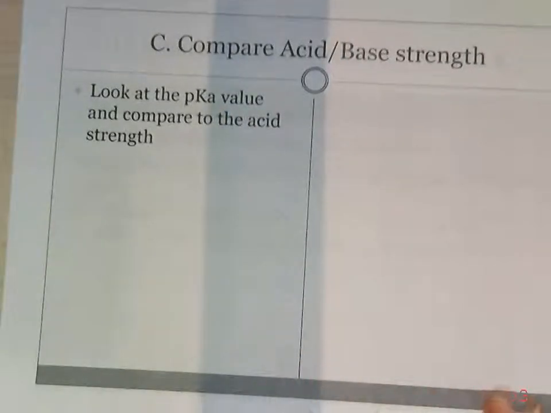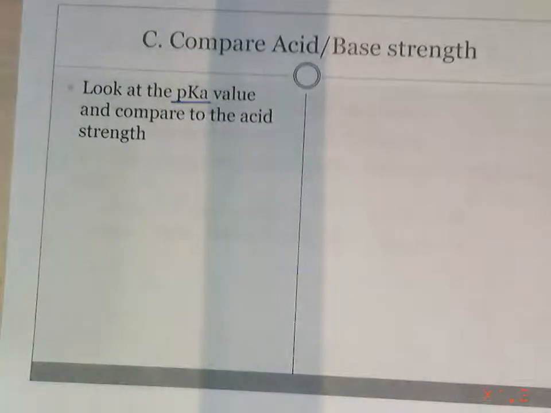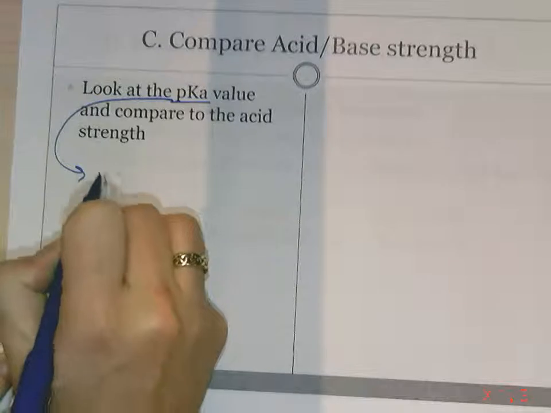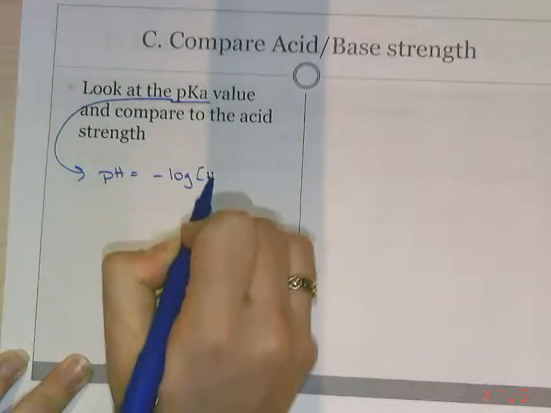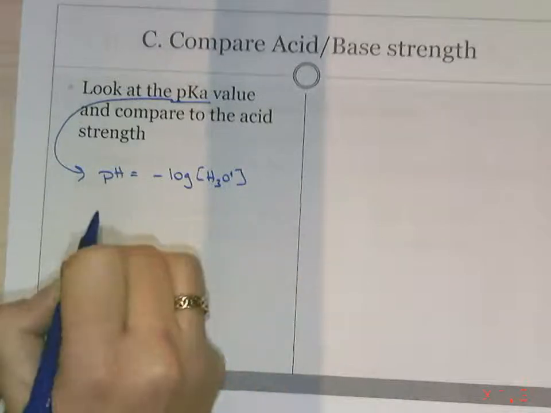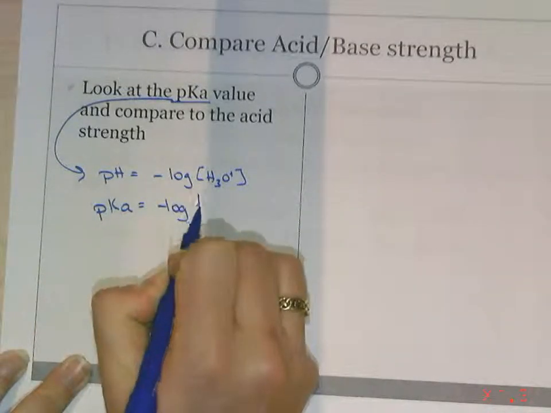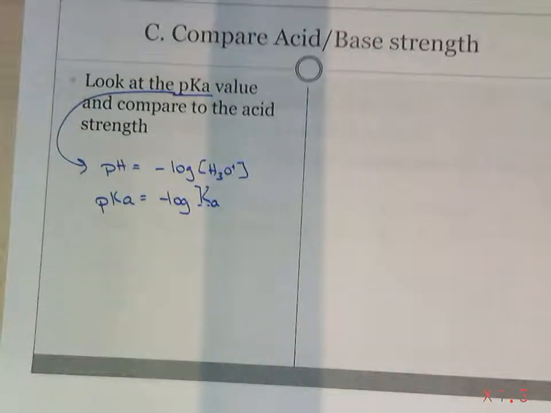So we're going to use pKa values. Just like in pH, pKa is the negative log of the acid equilibrium constant.